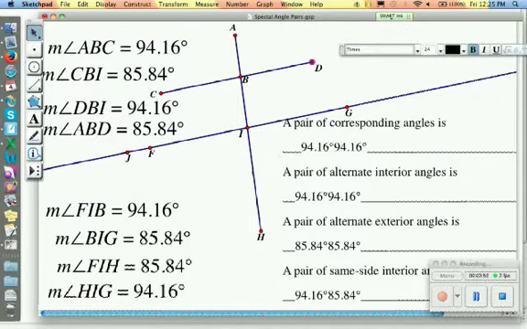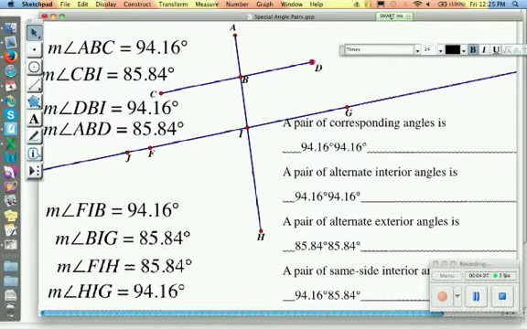Even as the measures were changing, the 2 corresponding angles were always what? Congruent, yes. How about alternate interior angles? They're congruent. How about alternate exterior angles? Congruent. And same side interior angles? No.